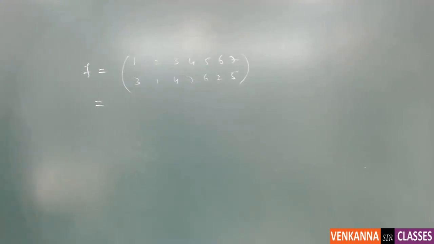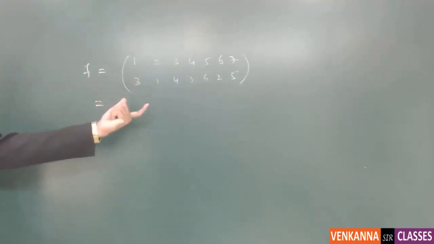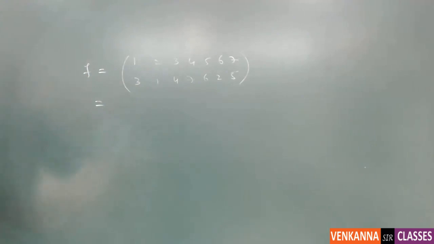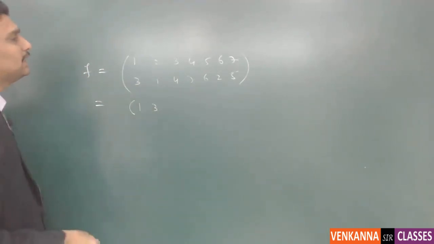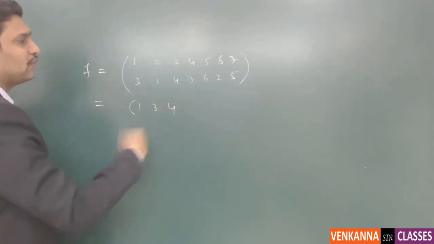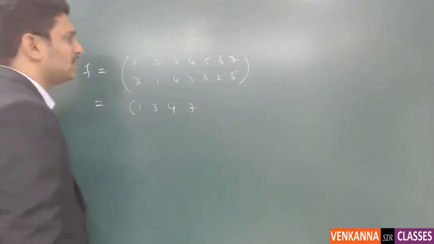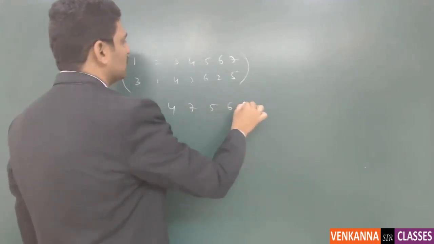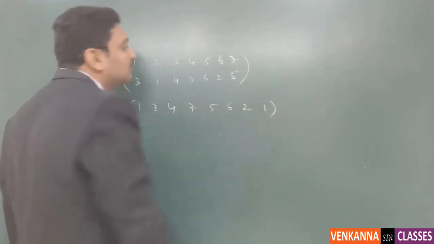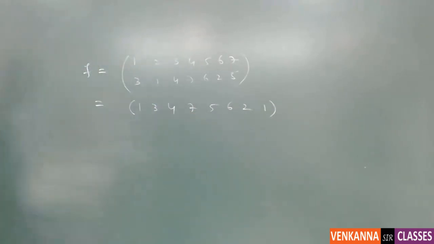Now, first of all, let us write that in the form of cycles. So, for 1, it is 3, for 3, it is 4, for 4, it is 7, for 7, it is 5, for 5, it is 6, it is 2, it is 1. This is the cycle. Accepted?